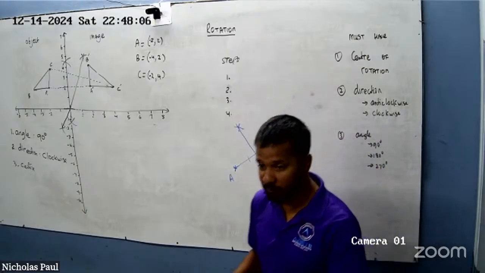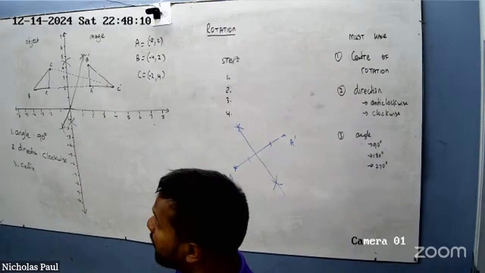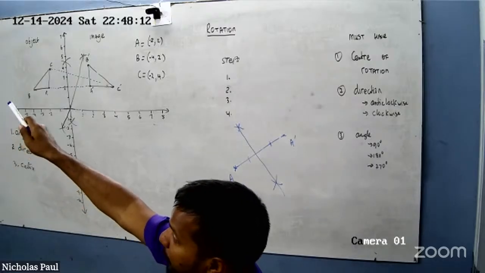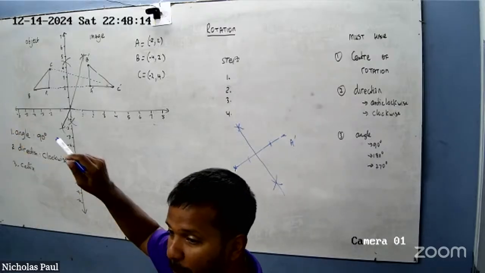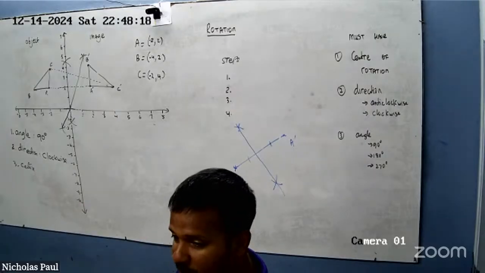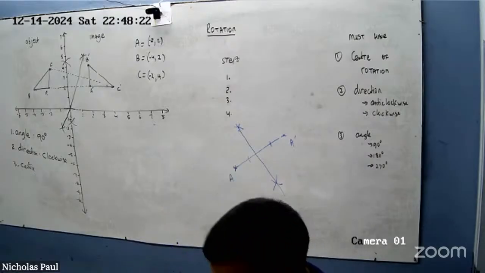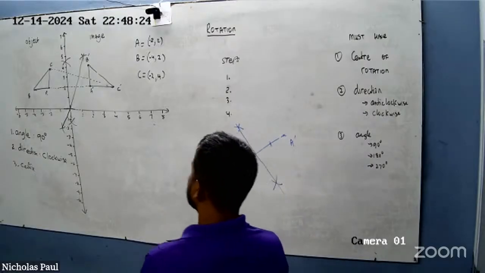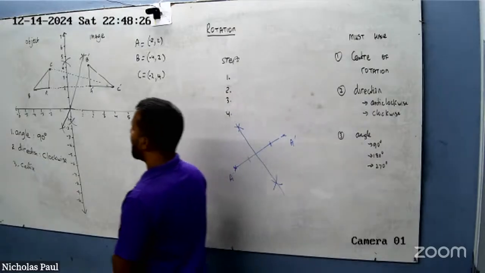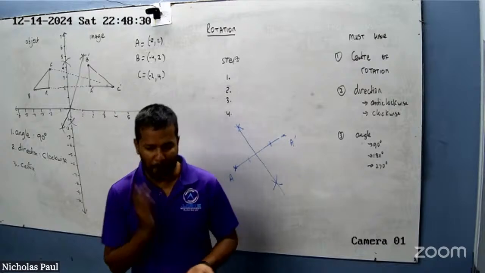Right, we do have time to do our past paper. So what I want you to do is just do B and B prime and bisect, and I want to see where all three lines meet. All right, so that is the way you determine the center of rotation: connect, bisect.